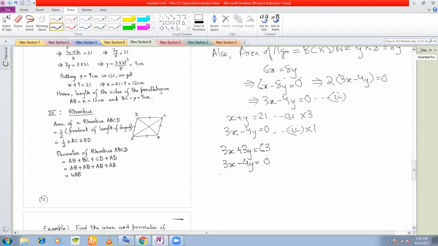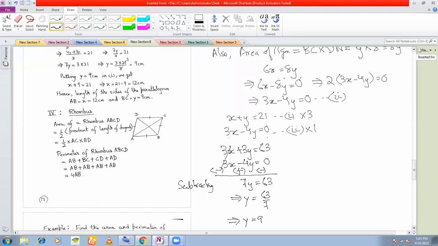Now because the sign of 3x and 3x is the same, so I subtract. Can cancel this out. You get 7y is equal to 63. That means you get y is equal to 63 by 7. You get y is equal to 9.